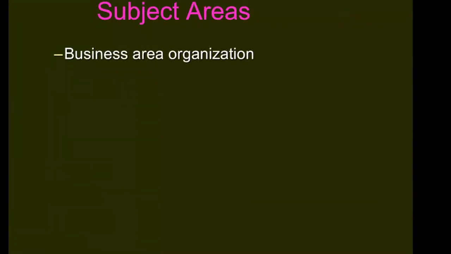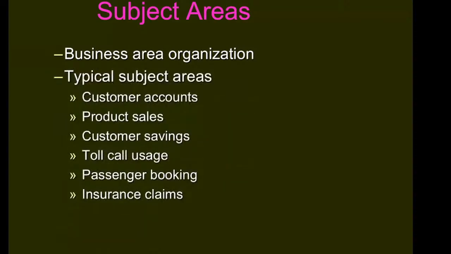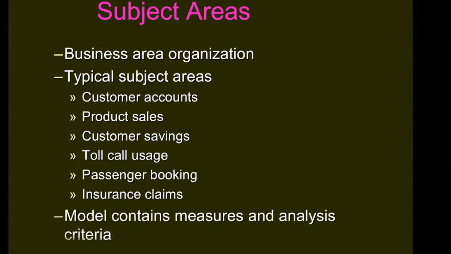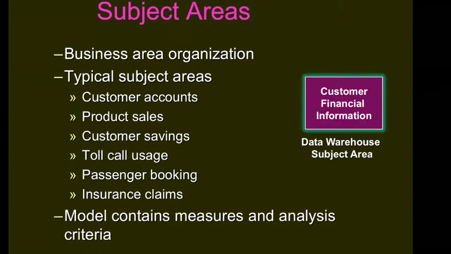Then the second one. So these are all different subject areas: business customer area, customer account, product sales, customer savings, telephone call usage, passenger booking, insurance claims. These are all different subject areas depending on the nature of the application. So therefore, modeling always contains measures and analysis criteria.